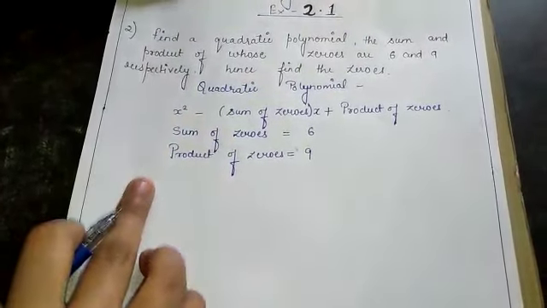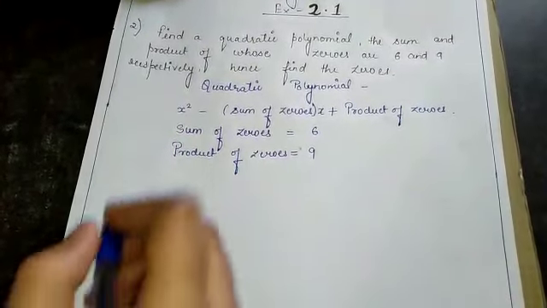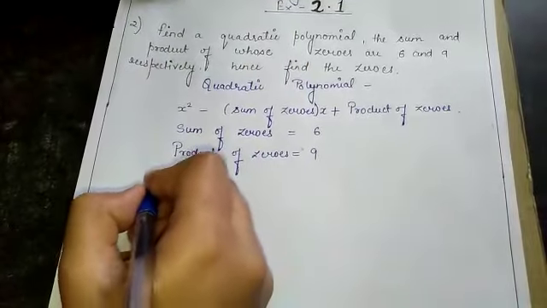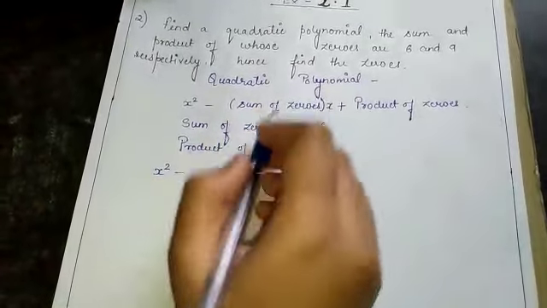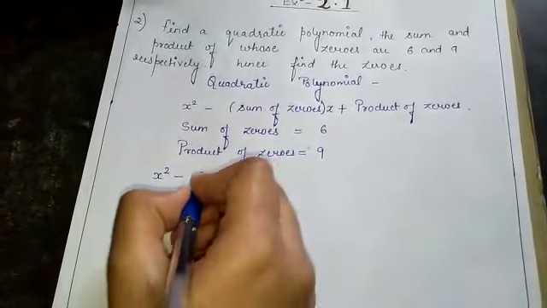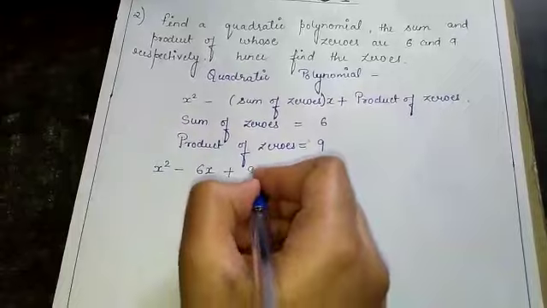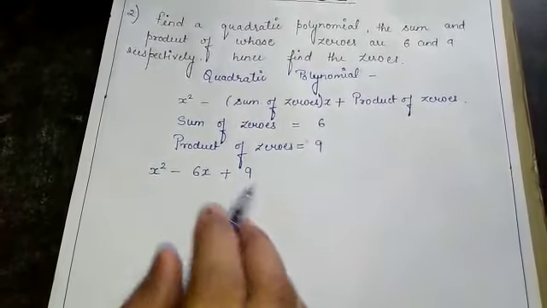So I can put these in this formula and get a quadratic polynomial. Therefore x square minus sum of zeros, which is 6, so 6x, plus product of zeros, which is 9. Hence this is the quadratic polynomial.